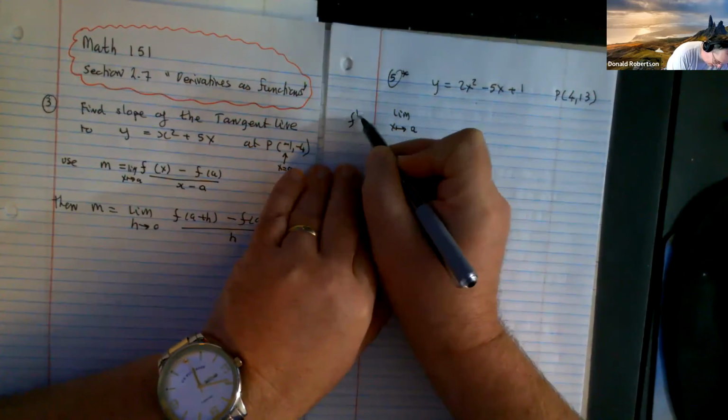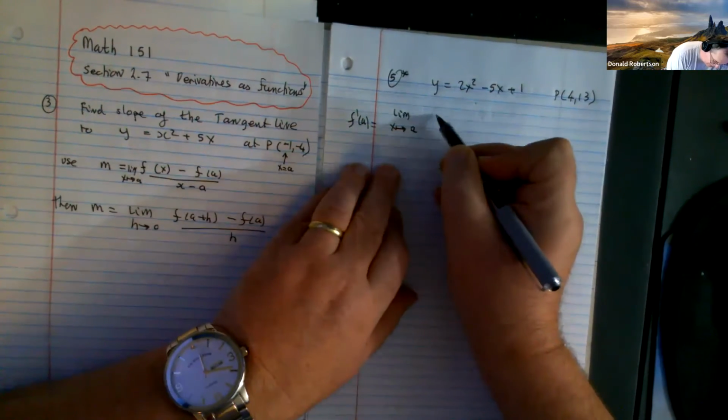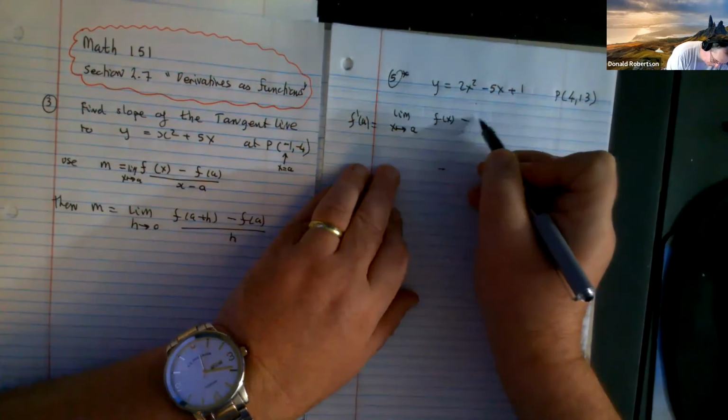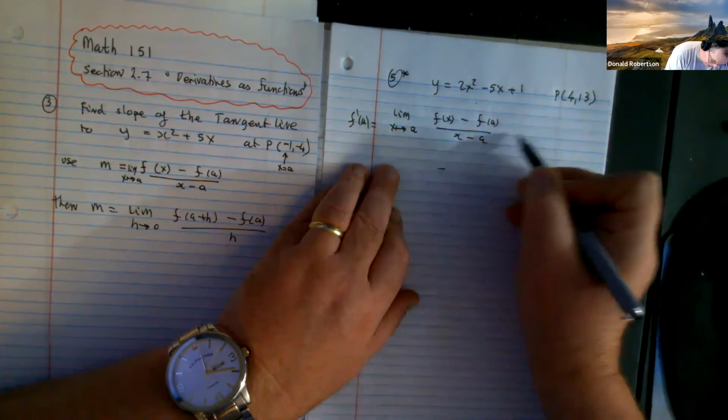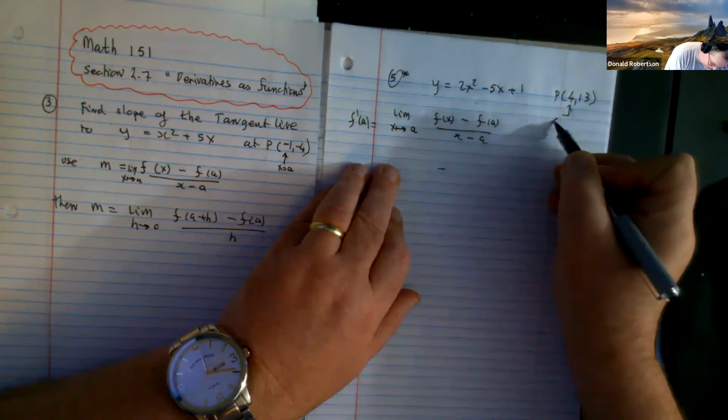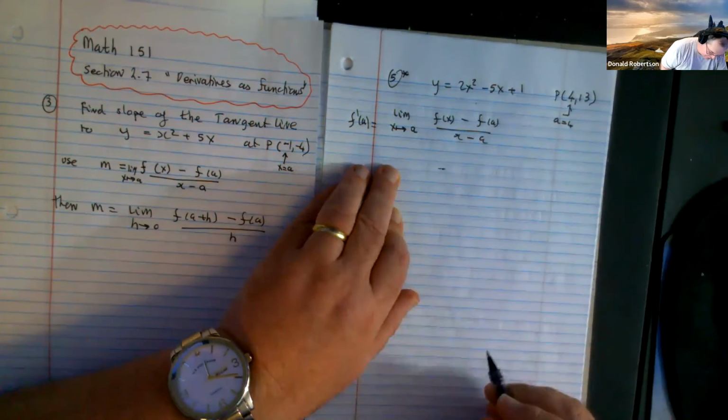So we're going to find f dashed of a, right? And that's going to be f of x, take away f of a, over x, take away a. And in this case, the a is going to be 4, that x coordinate.